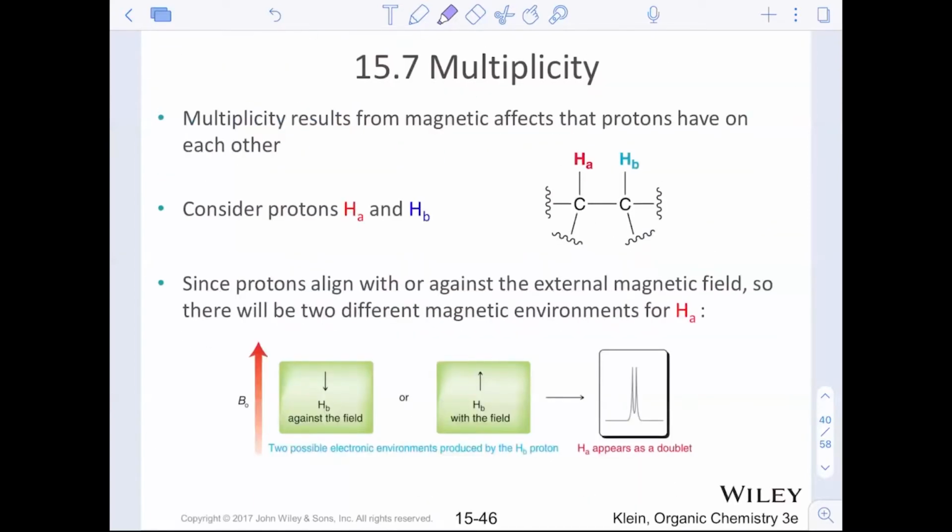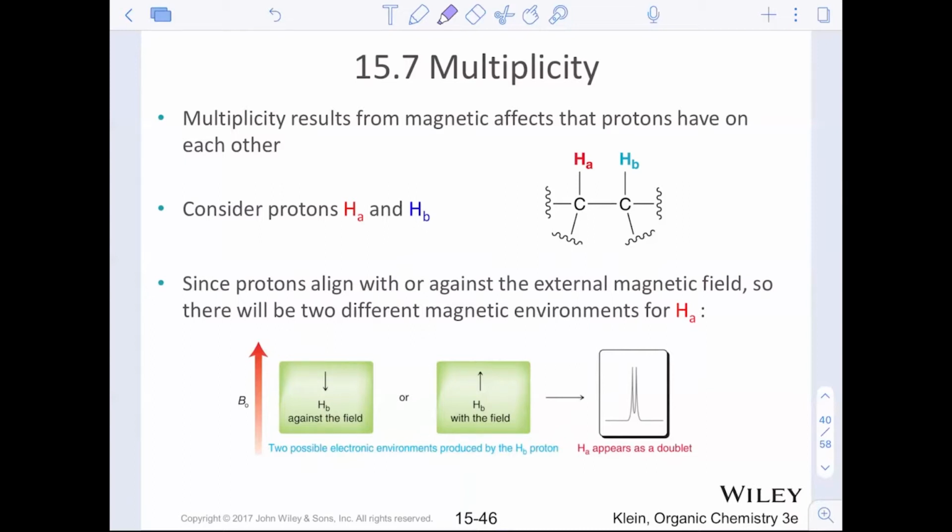Multiplicity arises from the actual magnetic effects that protons have on each other when they're neighboring. So we have these 2 carbons and we have HA and HB here, HA in red, HB in blue. Since the protons align with or against the external magnetic field, there could be 2 different types of relationships: HB is against the field or HB is with the field, and HA is with the field or without, things like that.